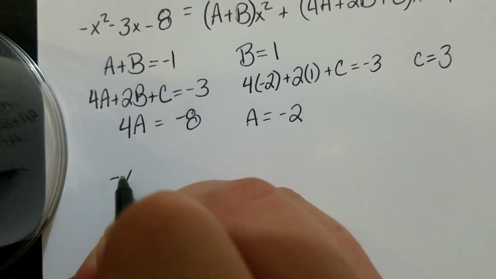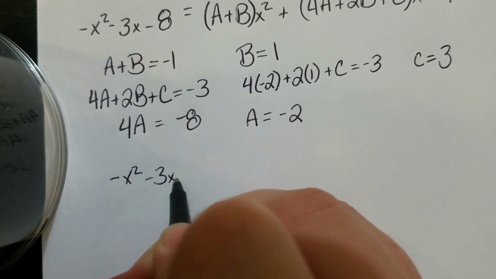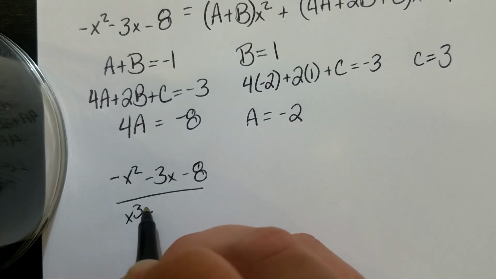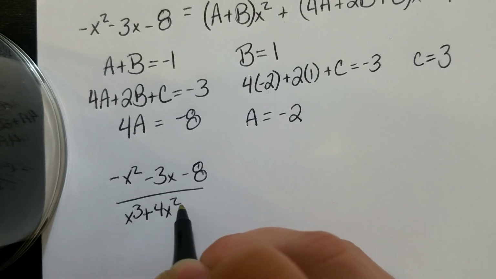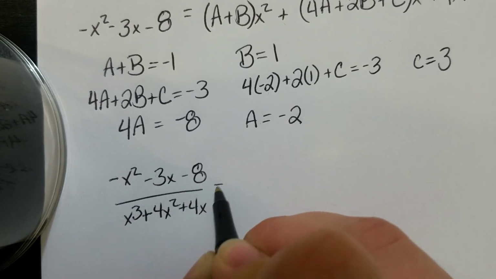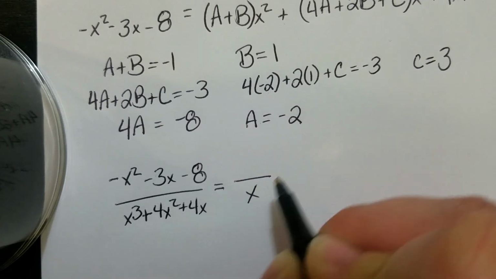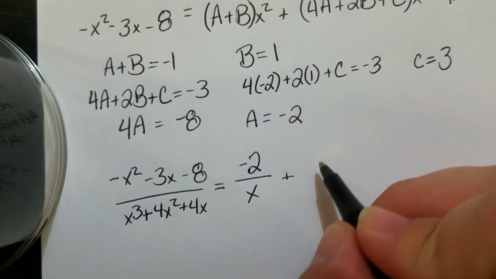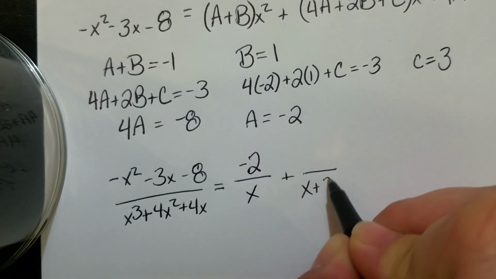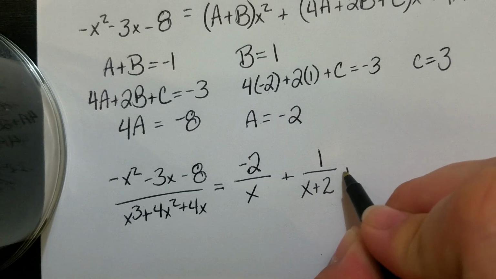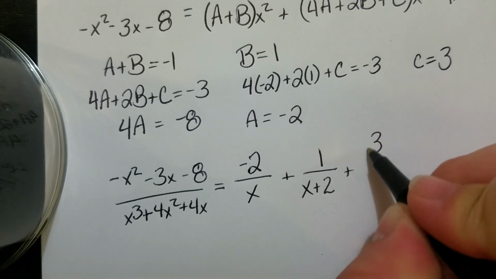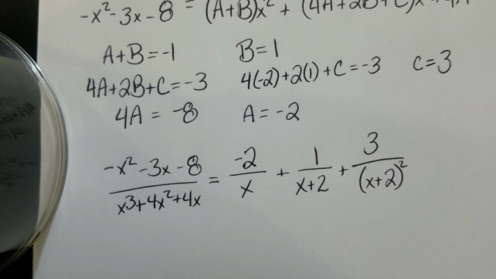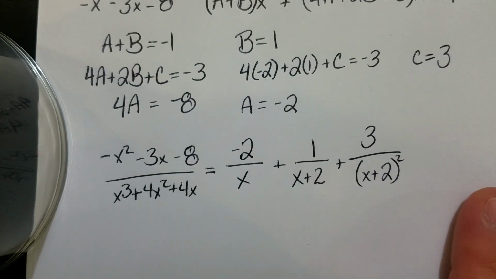So my original problem, -x squared minus 3x minus 8 over x to the third plus 4x squared plus 4x equals A over x, so that'll be -2, plus B over x plus 2, so B is 1, and then C over x plus 2 squared, so there's that. And that's what your final answer should look like.